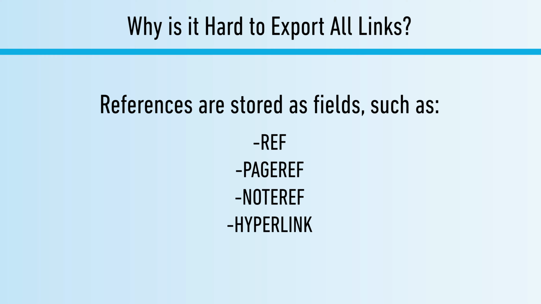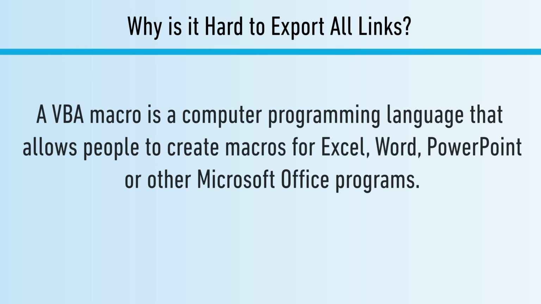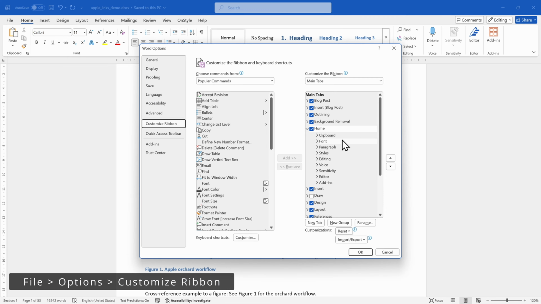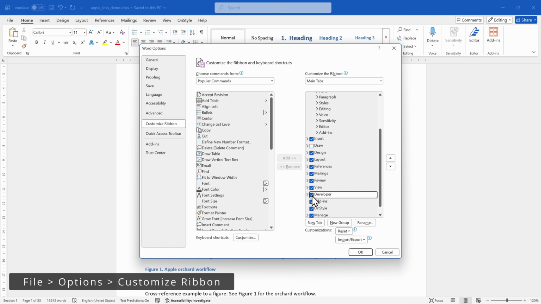To properly export everything, you need to run a VBA macro that loops through both the hyperlinks collection and the document's fields, and collects them separately. You can find a VBA macro script in the description of the video. In a nutshell, enable the Developer tab and click Macros.